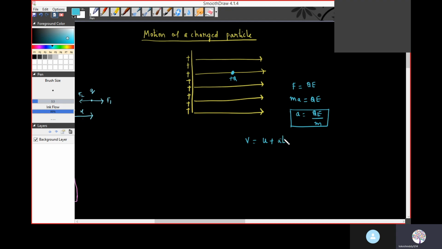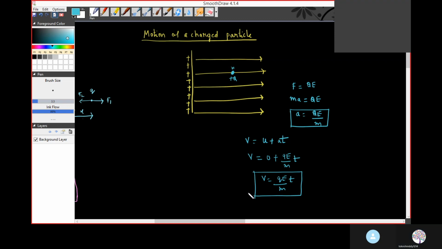So v is equal to u plus at, where u is 0 since initially it is at rest. Then v is equal to qE by m into t. That is the velocity, where m is the mass of the charged particle.